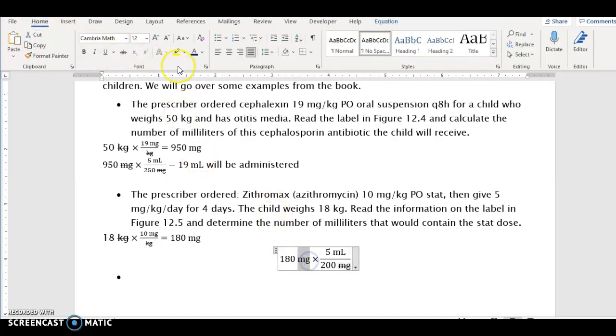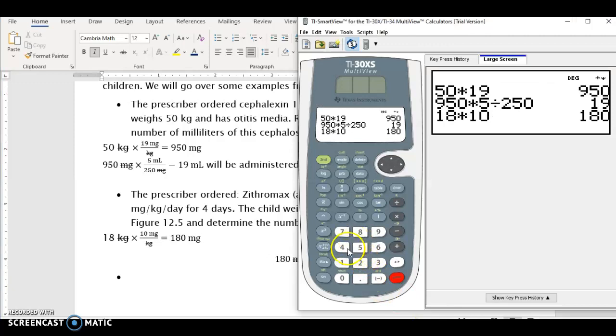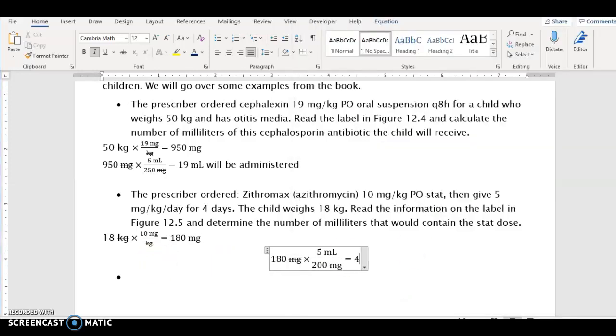So we're going to do 180 times 5, and then divide that by 200. Okay, we get 4.5. So 4.5 milliliters will be given to the patients.